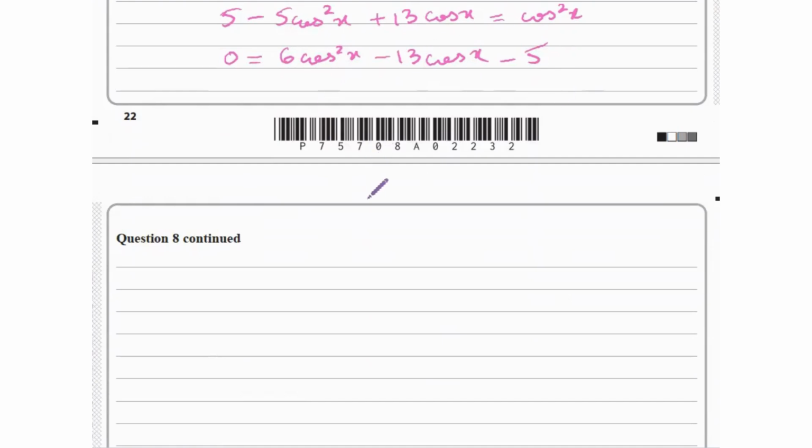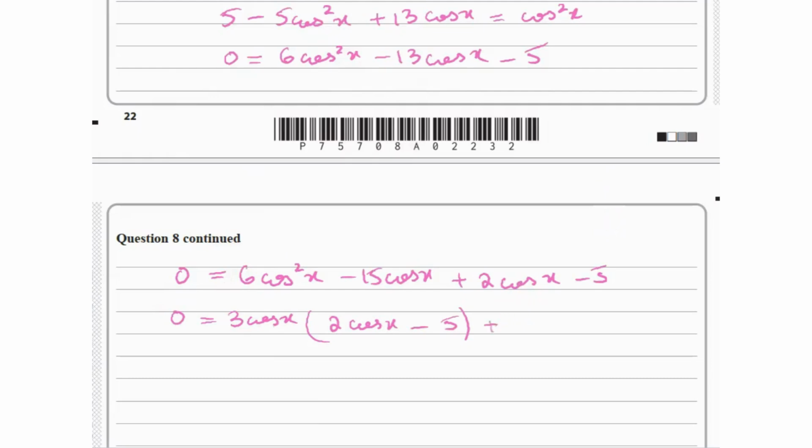Now we're going to factorize this quadratic equation. 6 times 5 is 30, and the factors of 30 that we can use over here to replace 13 are 15 and 2. So 0 equals 6 cos squared x minus 15 cos x plus 2 cos x minus 5. In the first two terms, we have 3 cos x common, so 2 cos x minus 5 in the bracket.